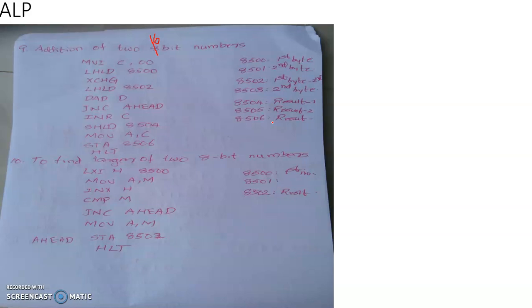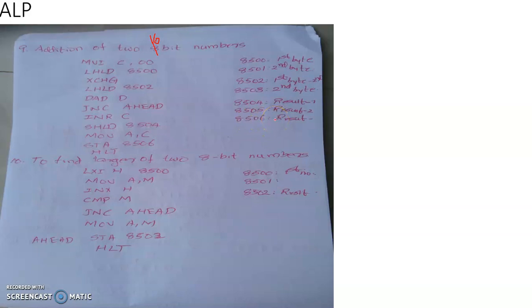If you are adding two 2-byte numbers, the result can be at most 3 bytes, because only a carry equal to 1 is generated to the next place. So the result is stored in the locations 8504, 8505 and 8506.